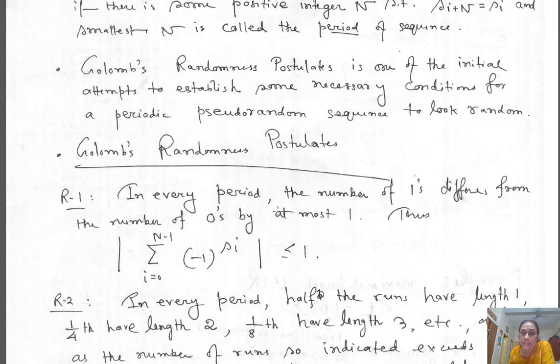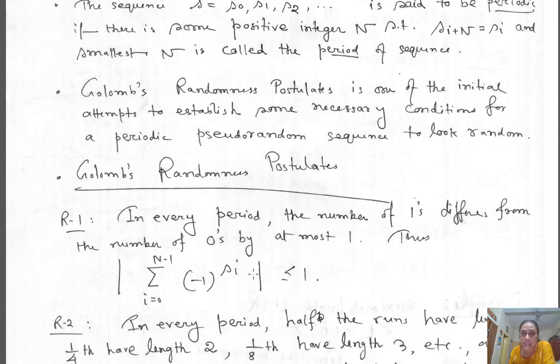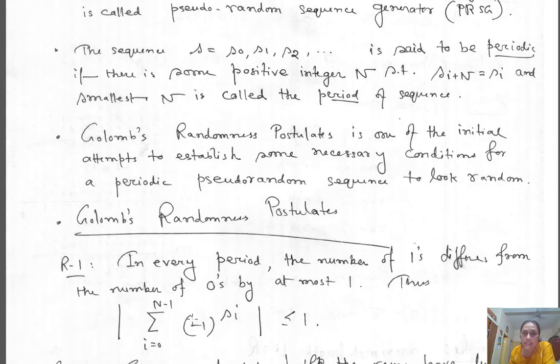Essentially, this is a bit string, so these Si are either 0 or 1. If you consider (-1) to the power 0, it contributes 1. If it is (-1) to the power 1, it contributes -1. Your sequence is S0, S1, S2, up to Si. You raise -1 to the power of each bit, the 0th bit, the 1st bit, and so on.